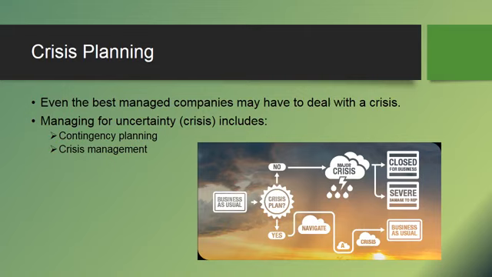Stuff still happens. So managing for uncertainty or crisis includes contingency planning and crisis management. So the thing is, if you don't have crisis planning, oftentimes what you see is the company is severely damaged because they haven't managed the crisis well enough.